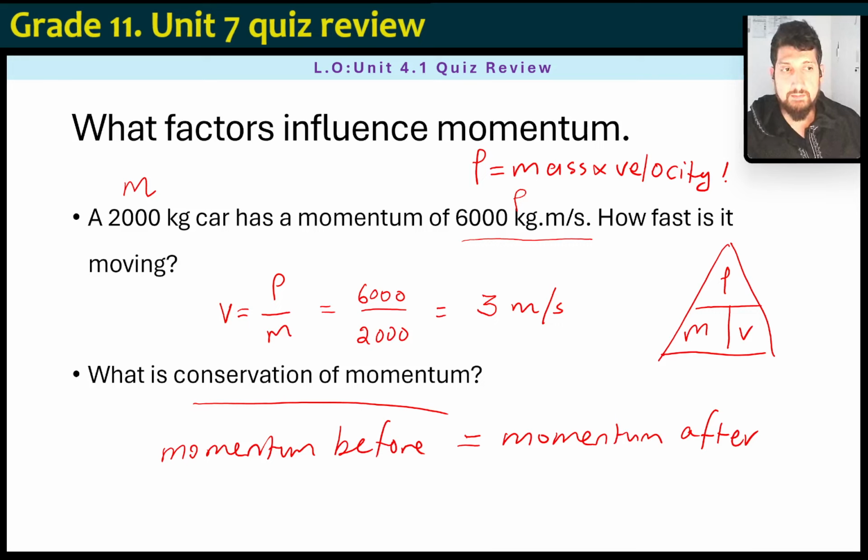If the object is no longer moving, or if the movement is different before the collision and after the collision, then it means it's not conserved, it's not the same. The momentum will be the same, but the energy might be different. But that doesn't matter because we're not worried about energy anyway. So as far as you're concerned, momentum is always the same before the collision and after the collision, and that's called the conservation of momentum.